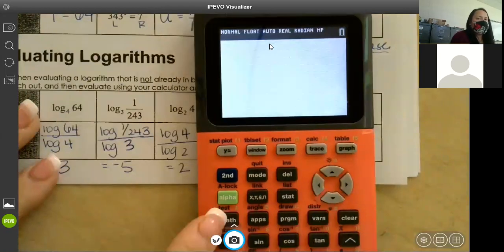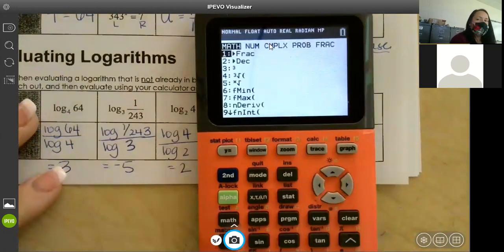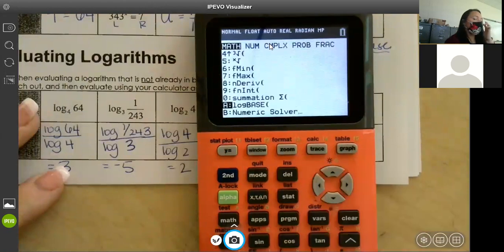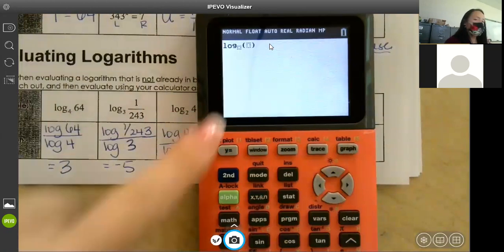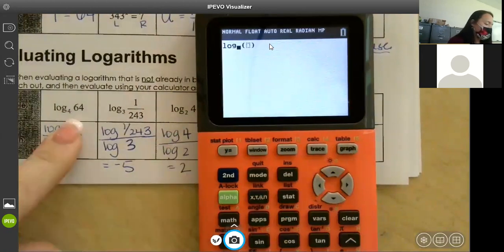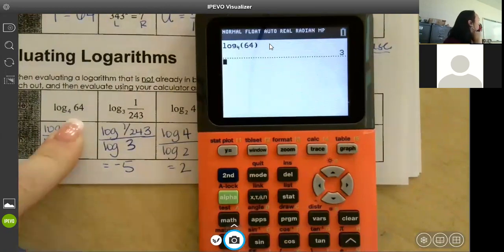Some people told me some different places, but I always go to math and then go up twice to this word that says log base. Did everybody see that? So math and up twice. And then it puts it in just like this. So if we were doing this log 4 of 64, we're just typing it in. We don't have to worry about any kind of formula. Does that make sense? So I taught you change of base. I don't expect you to use it.